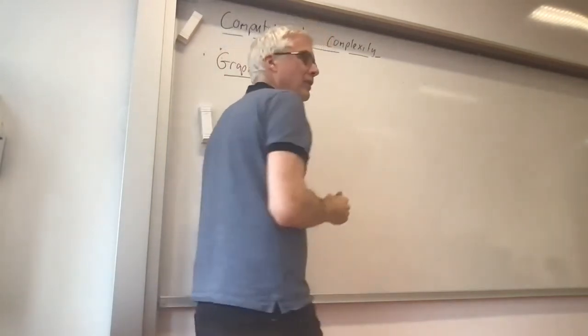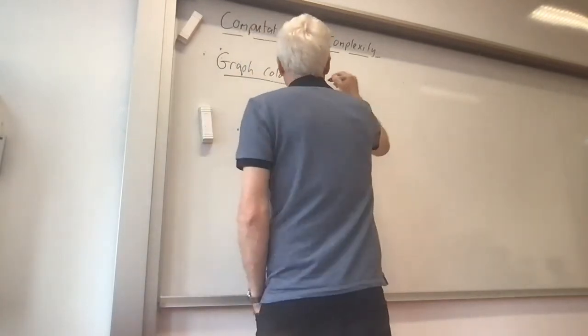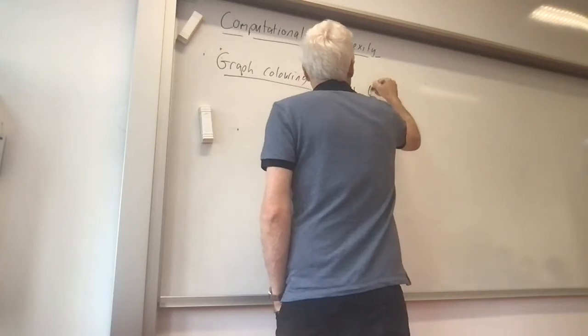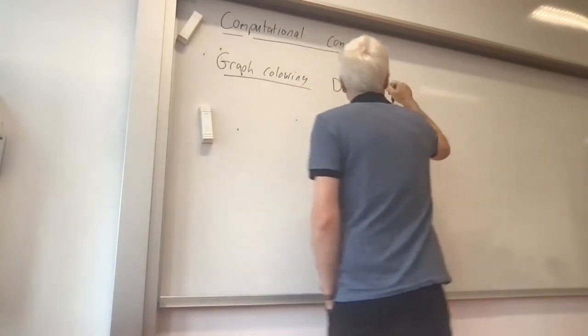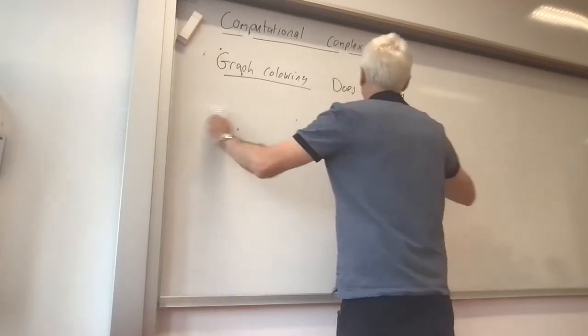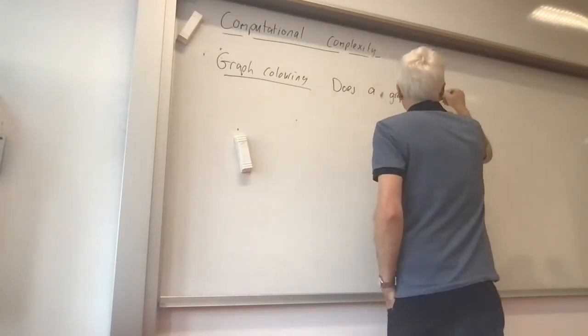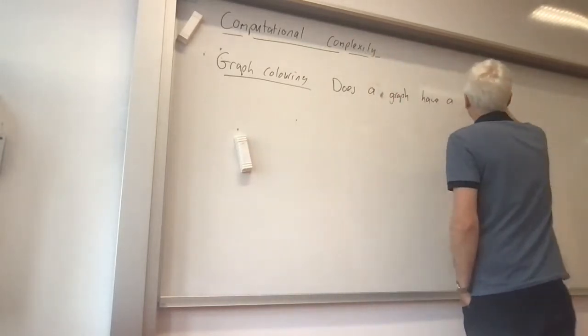So for example, does the following graph have a 3 coloring?